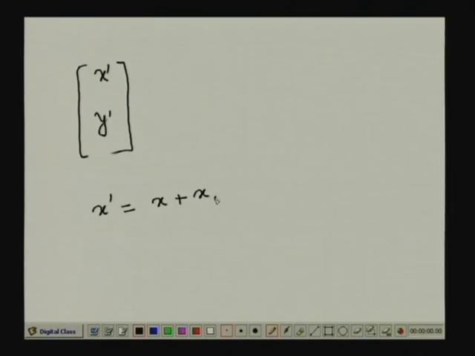Now, let us see how this can be represented more formally by using a matrix equation. If I translate this equation into the form of a matrix, I have to find the new location vector (x prime, y prime), and we have said that x prime is nothing but x plus x naught, and y prime is nothing but y plus y naught. This relation, represented in the form of a matrix, will simply look like this.